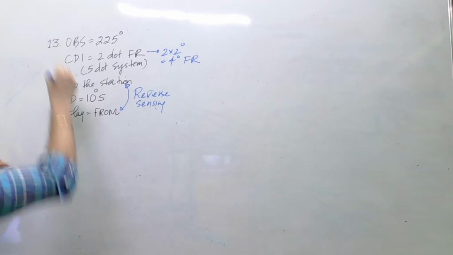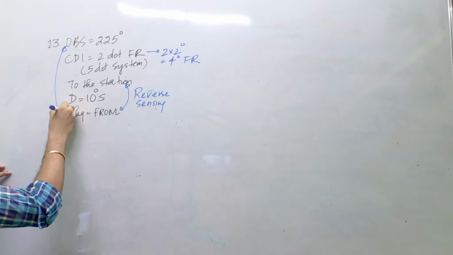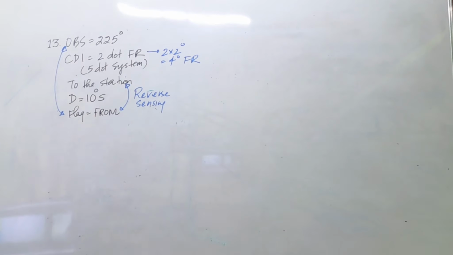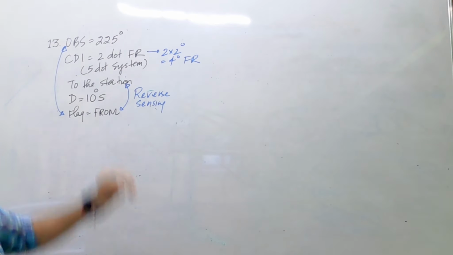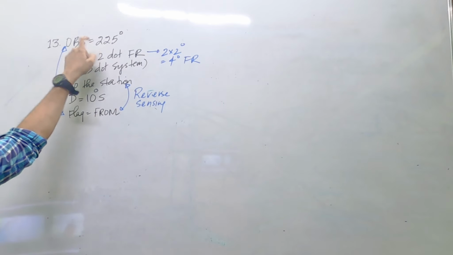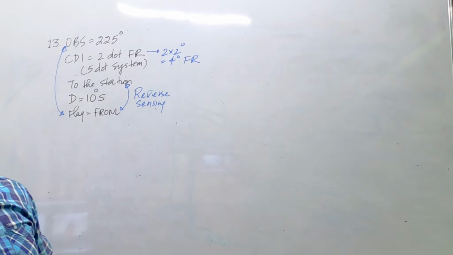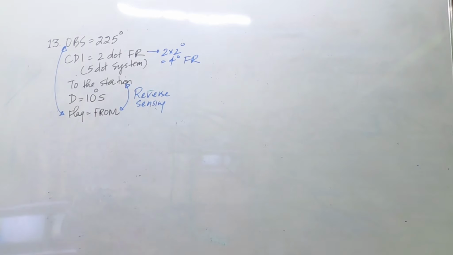Now look at these two combinations of data given. The OBS is given as 225, and then you have a from flag. So where is the aircraft? Is the aircraft on the tail side or on the head side of this 225 radial? So the desired radial is 225. Is the aircraft on its head side or tail side for the flag to be from?